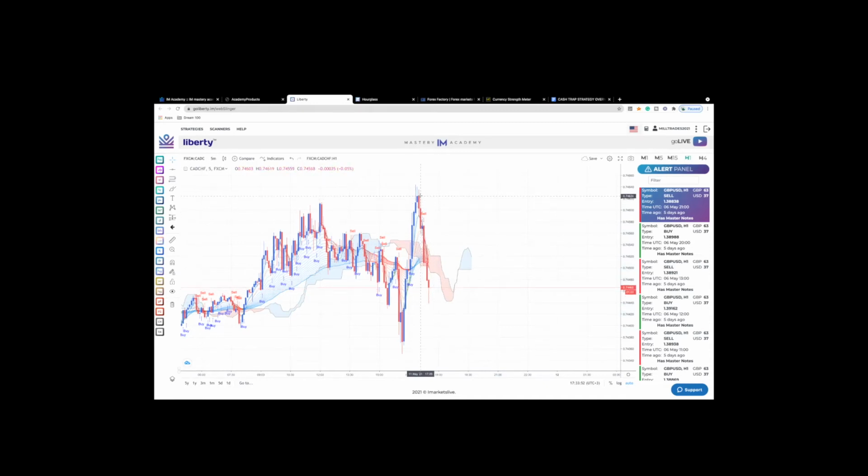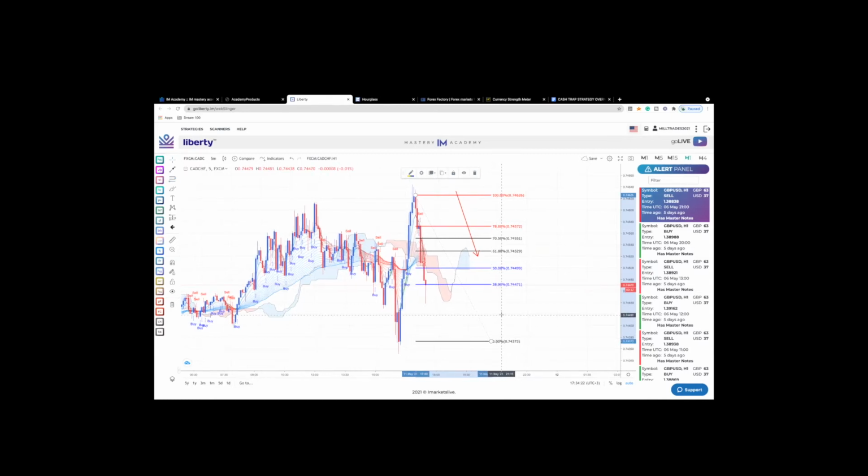Now, same thing, right? If we want to look for a downward position for a sell, we're going to go from the top candle all the way to the bottom candle.